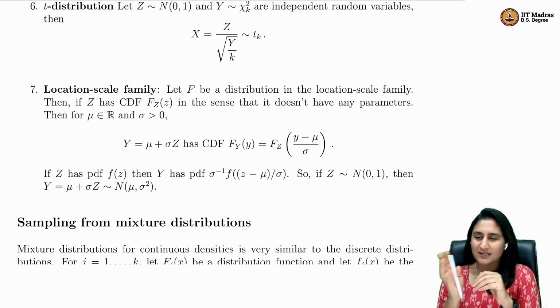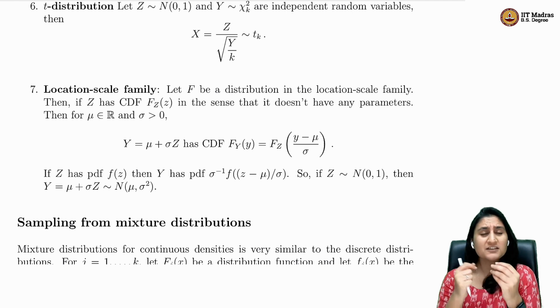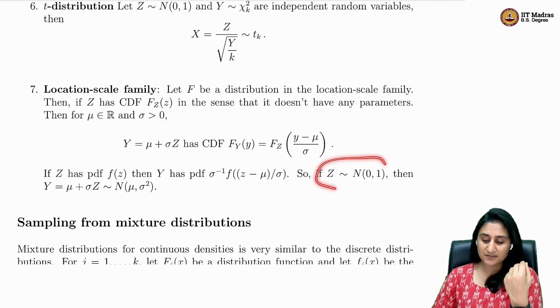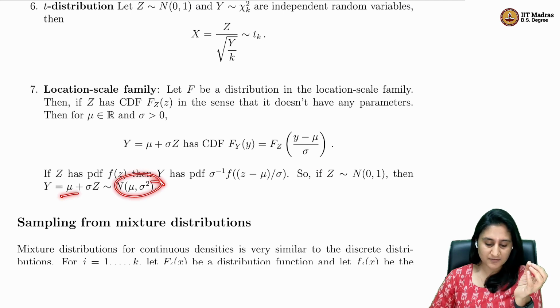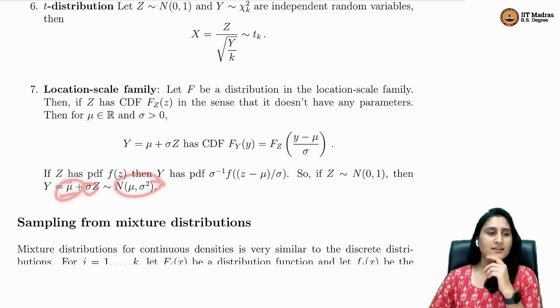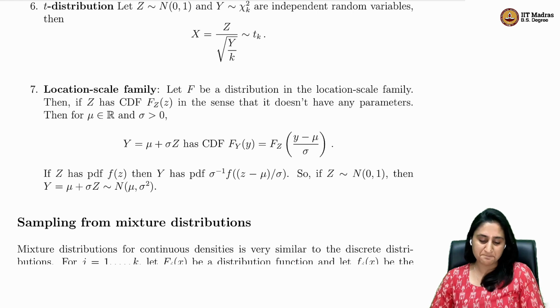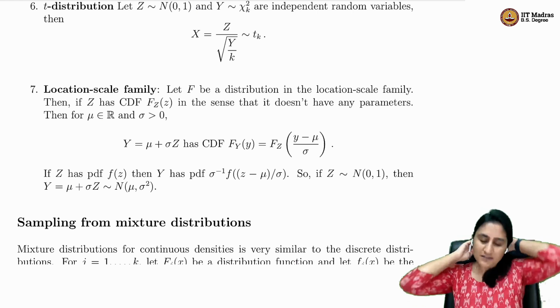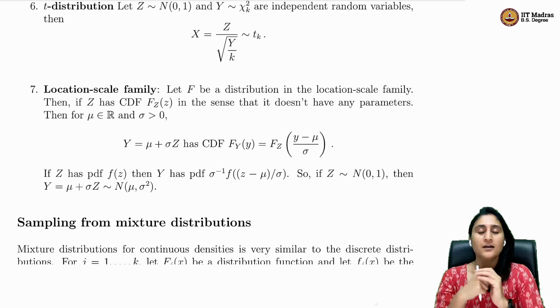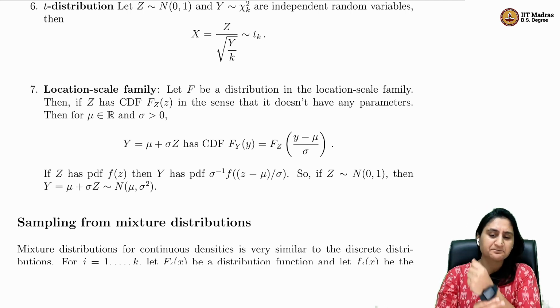So for accept-reject and Box-Muller, if I can generate standard normals, then all I need to generate a different normal is to just scale it and center it. That's all.